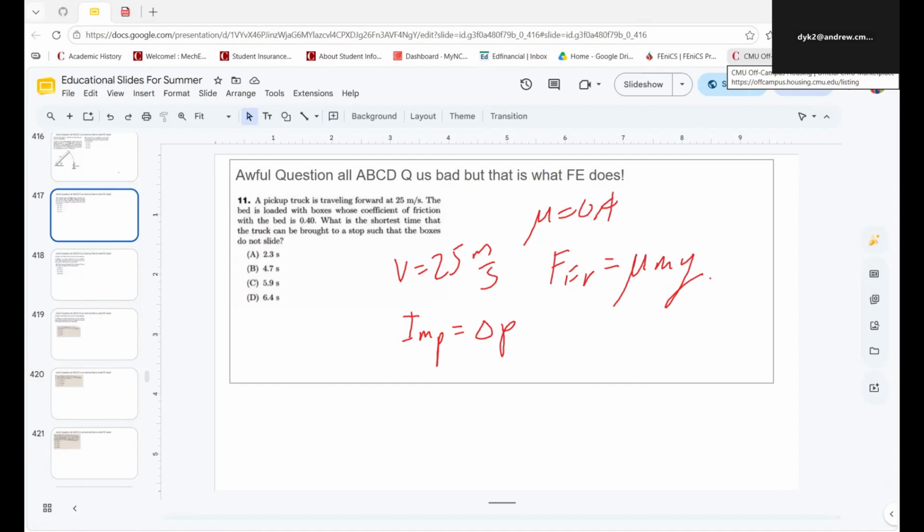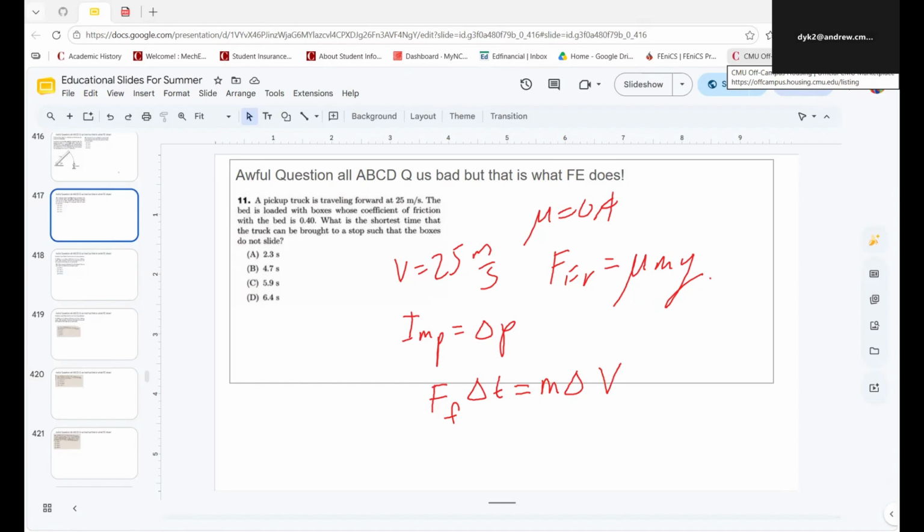Well, we look at the force, and we see a friction force times delta T equals m delta V. If the delta T is longer than the impulse, then what I'm saying is V2 minus V1, where V2 must equal 0.